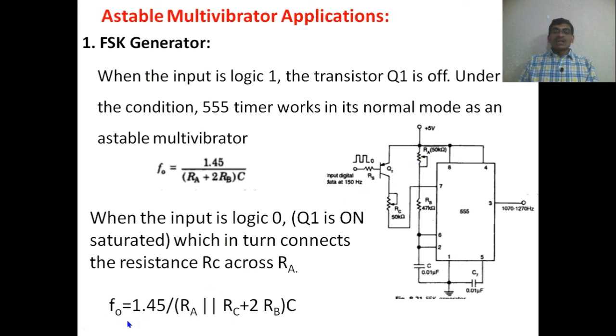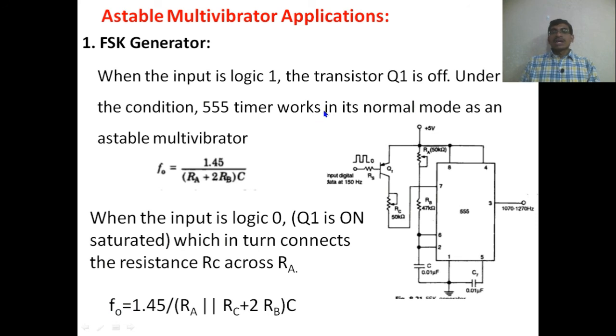Therefore, the frequency of oscillations F naught is equal to 1.45 divided by (RA parallel RC plus 2RB) into C. Then we can say RA in parallel with the RC. That is the only change, and the frequency changed because the value of RA parallel RC may increase or decrease the frequency of operation.